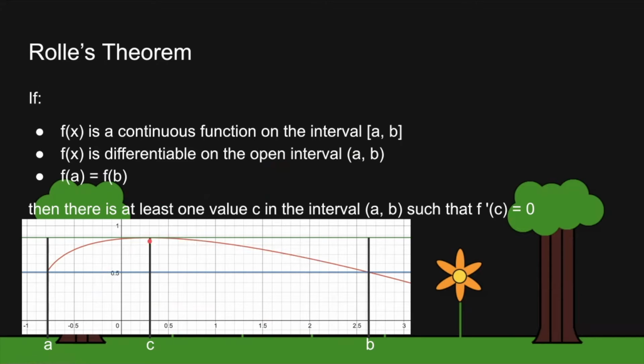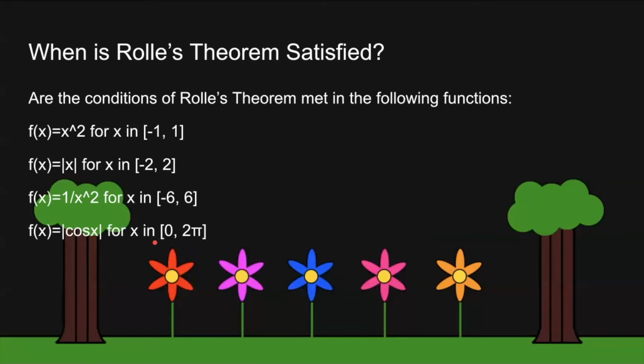So here's an example. You see that there is a vertex here, and we know that at vertices, the derivative is equal to 0. So when is Rolle's theorem satisfied? Are the conditions of Rolle's theorem met in these functions? First of all, f of x is equal to x squared for x in -1 comma 1.